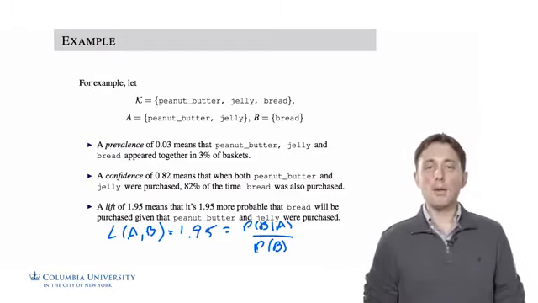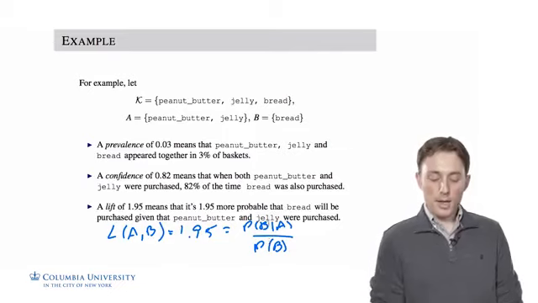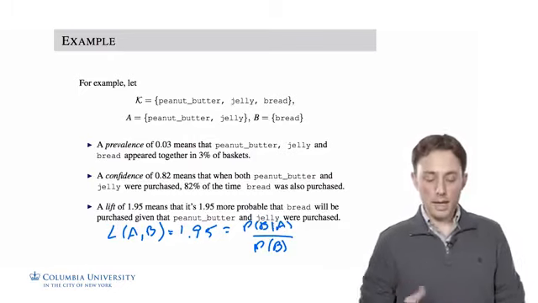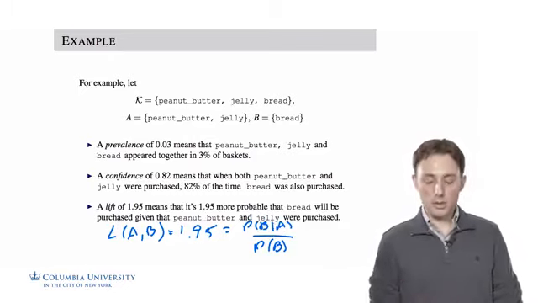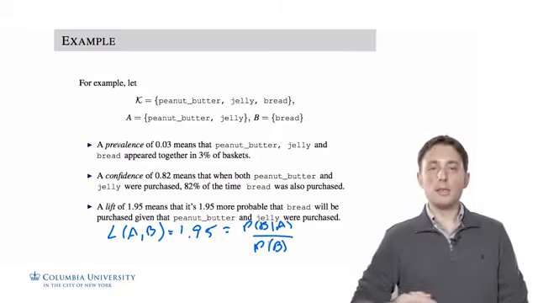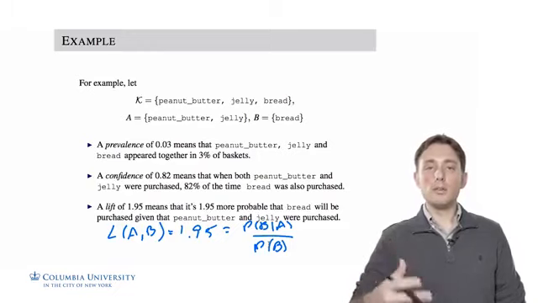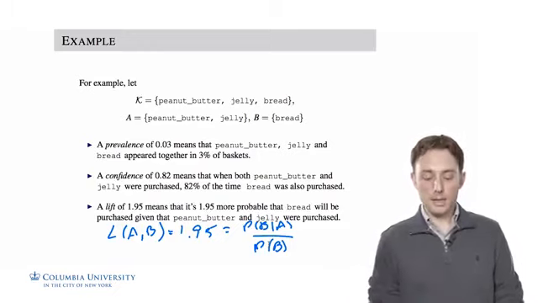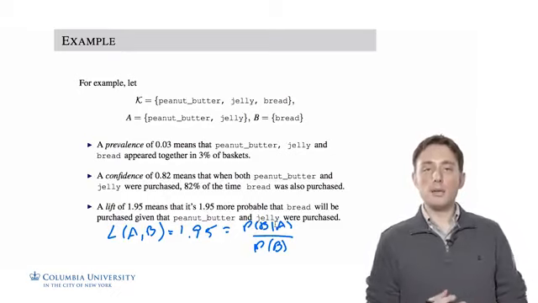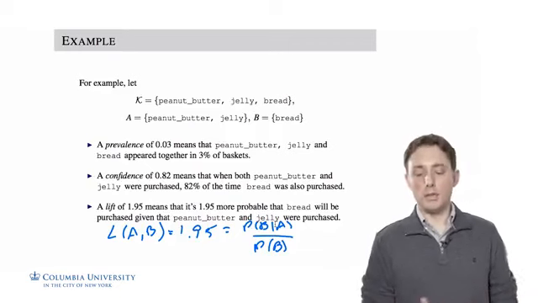So the fraction of the n baskets that have bread purchased, that's P of B. And then the fraction of the baskets that have bread purchased restricted to the baskets that already have peanut butter and jelly purchased, that's P of B given A. This fraction says what's the lift or the bump in probability that I get. If you tell me A, how much more confident am I in B compared to how confident I was in B without any knowledge.